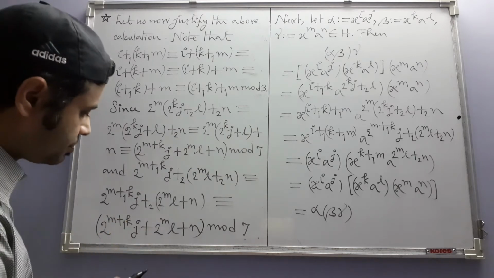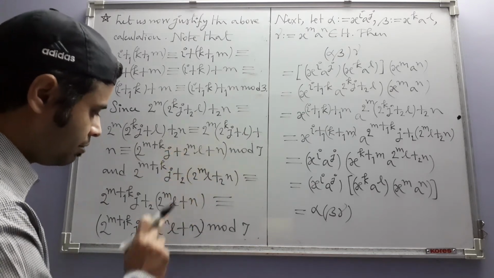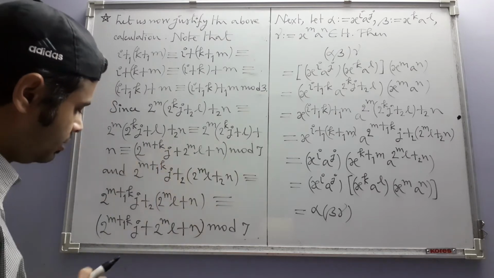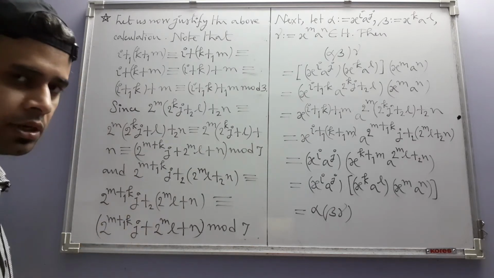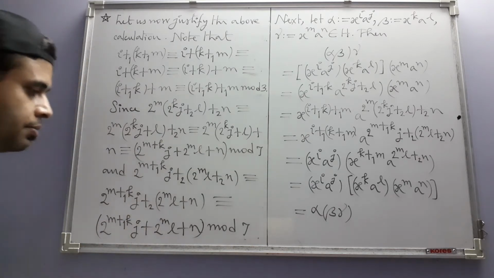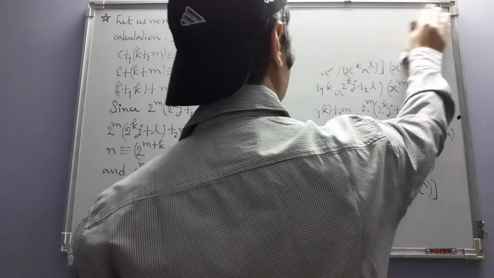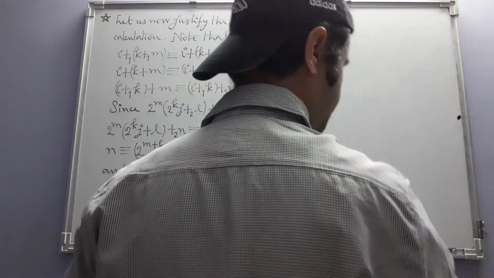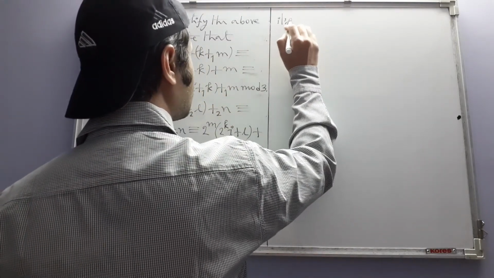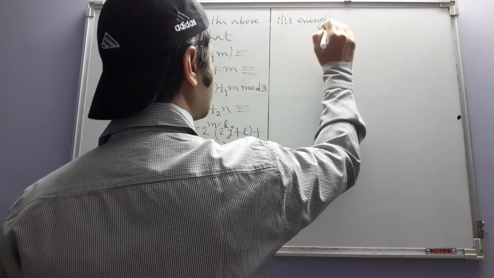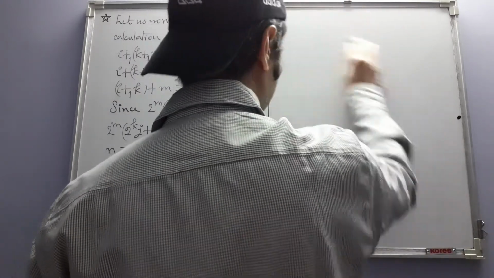Now if we can show, because the other things are exactly equal actually, 2 to the power ml, 2 to the power ml, n, j, j, that this power of 2 is congruent to this power of 2 mod 7, then our job is done. And this, it's enough for what?